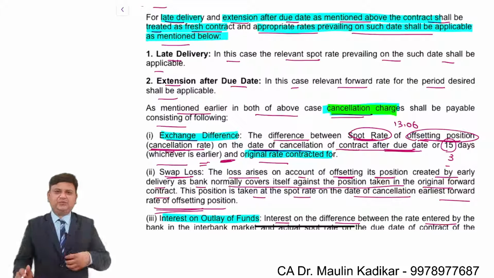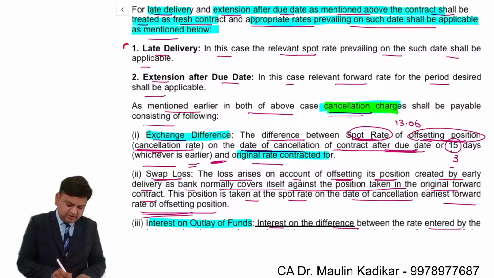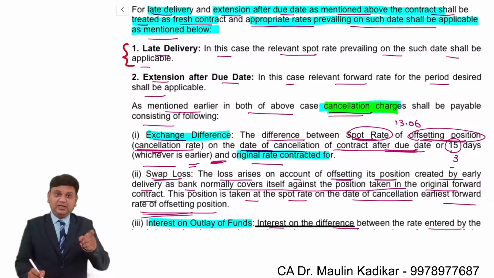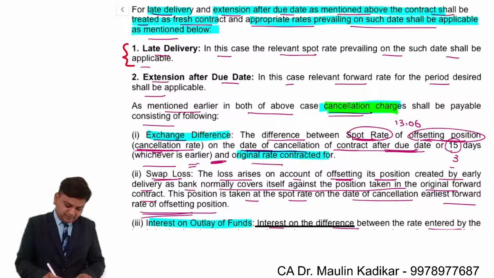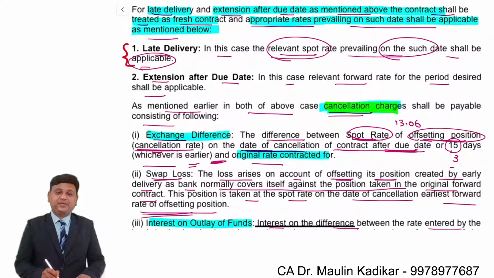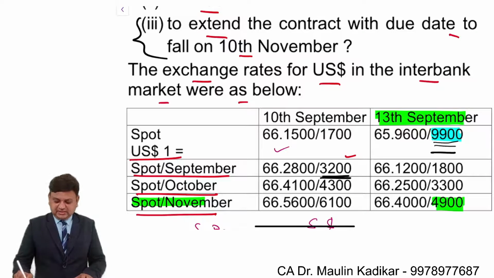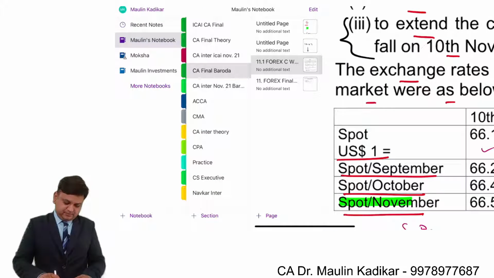Before I proceed further, I would like to give a clarification. See, late delivery, that is 13th of September, is after 10th. In this case, the relevant spot rate prevailing on such date shall be applicable. That is the rate prevailing on 13th of September. So we understand that this is the rate which will be applicable.